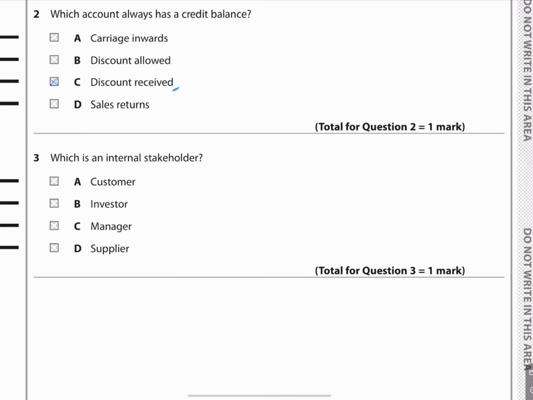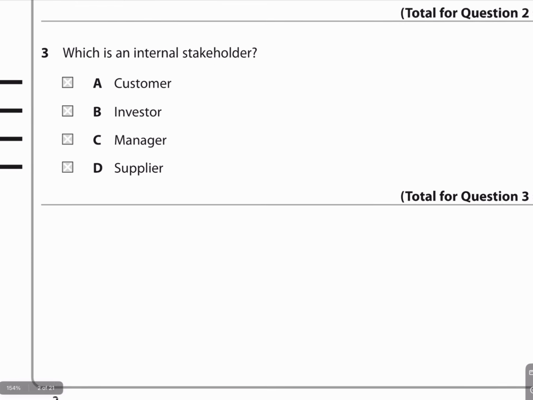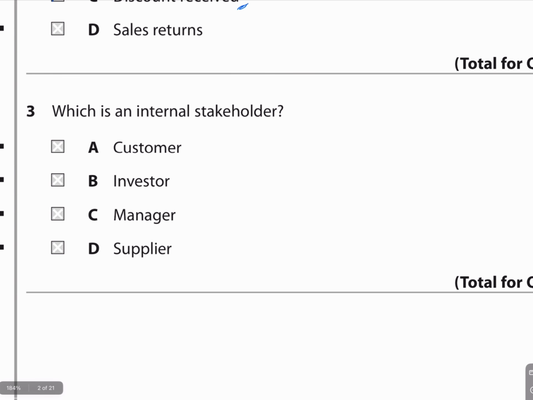So moving on to number 3, we have which is an internal stakeholder. Now we have 4 options, which are customer, investor, manager, and supplier. Now what is the difference between internal stakeholder and external stakeholder?